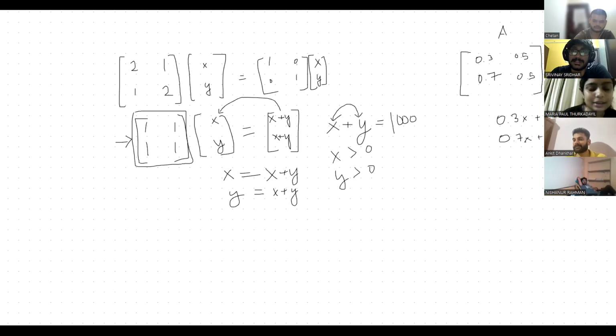Sorry, number of people can't be negative. Yeah, that's correct. But when we do convergence, we're actually getting a fractional value, right? It's not an exact real number. You're right. So there's a slight oscillation, I guess. It won't remain completely fixed, but it's almost converging. So this thing has something to do with the sum of the column vectors.